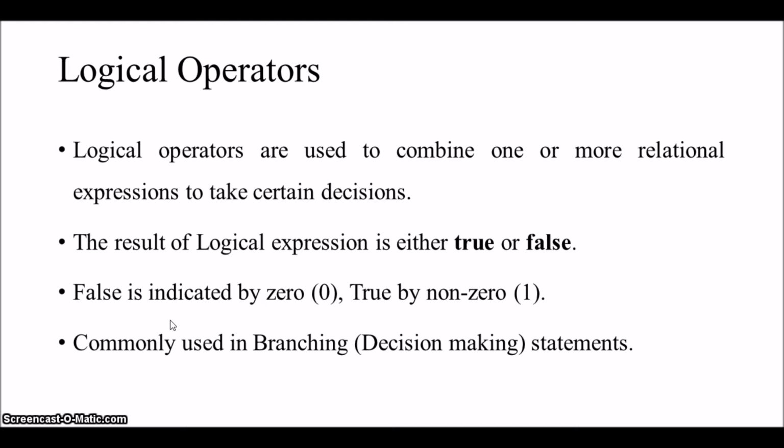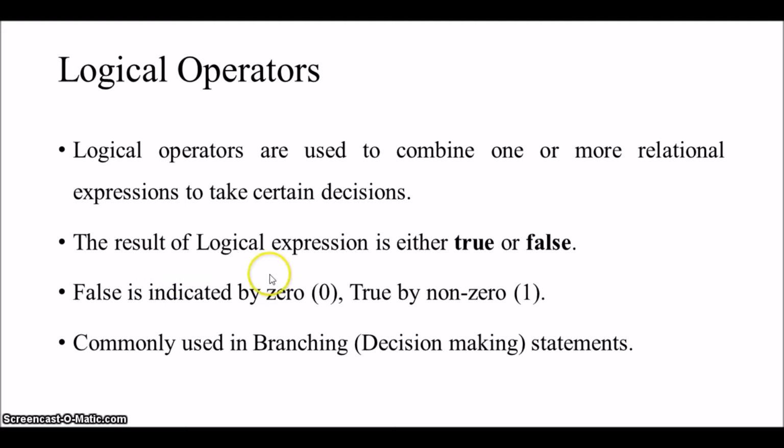Now, if there are more such relational expressions, and you want to combine or join them and take certain decisions, you are going to use logical operators. To combine multiple relational expressions, logical operators are used.